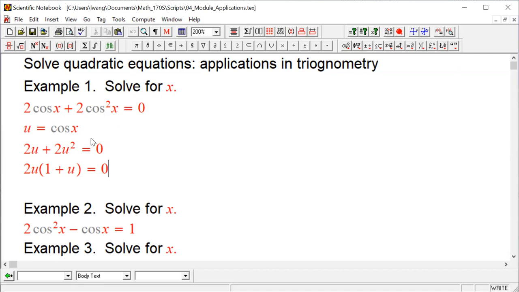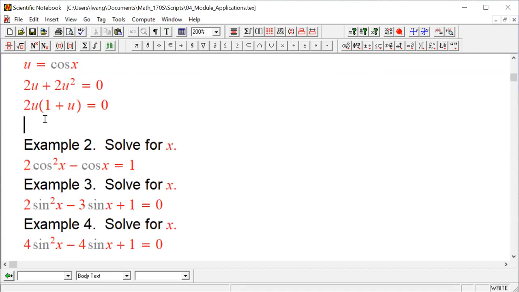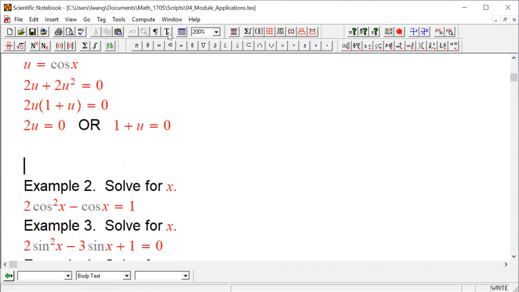And we know how to solve this quadratic equation. After being factored, we get 2 times u equals 0, or 1 plus u equals 0. In the end, we will get u equals 0, or u equals -1.